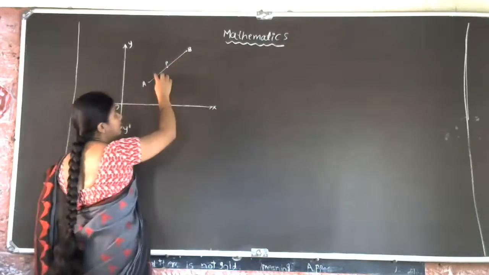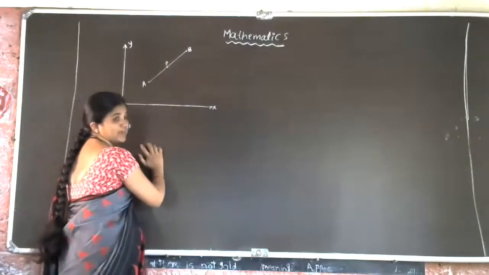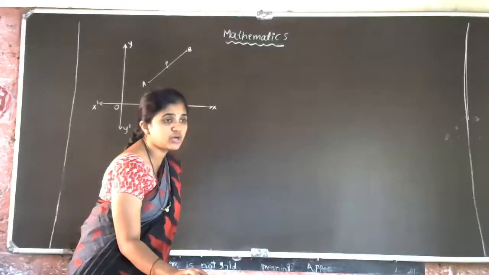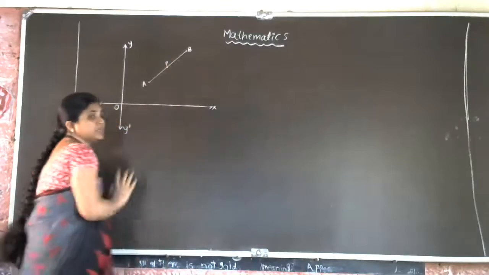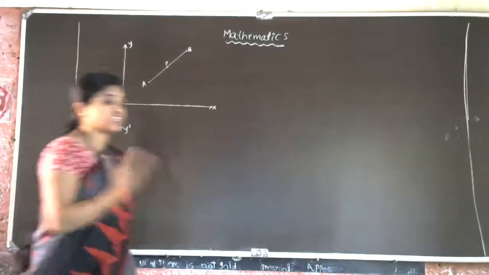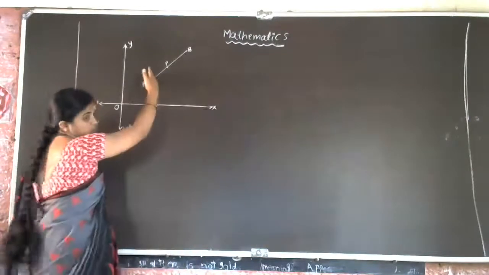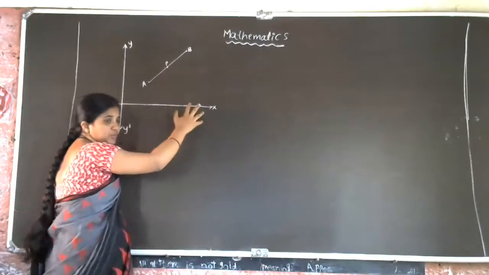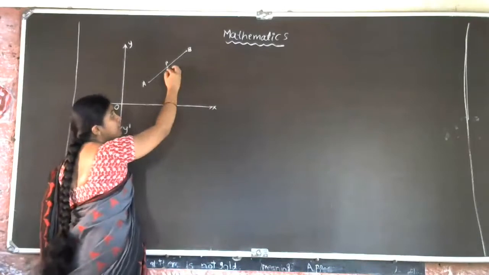For example, if it is a midpoint, the ratio is 1:1, or it could be 1:2, 1:3, or 2:1. So the point divides the line into two sections in a ratio.